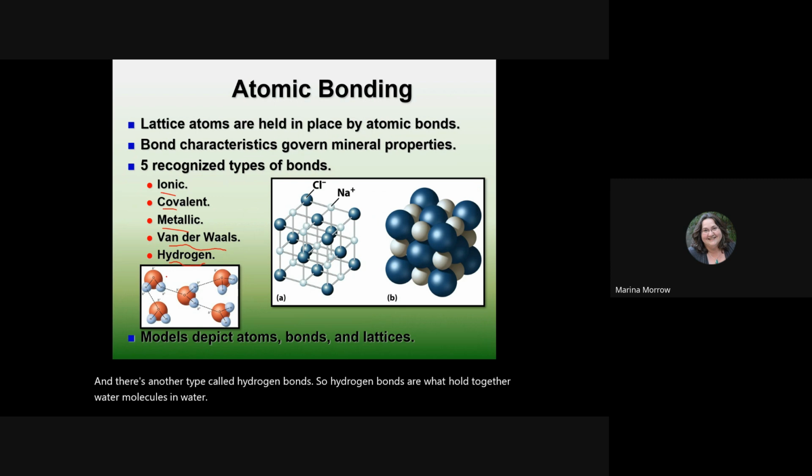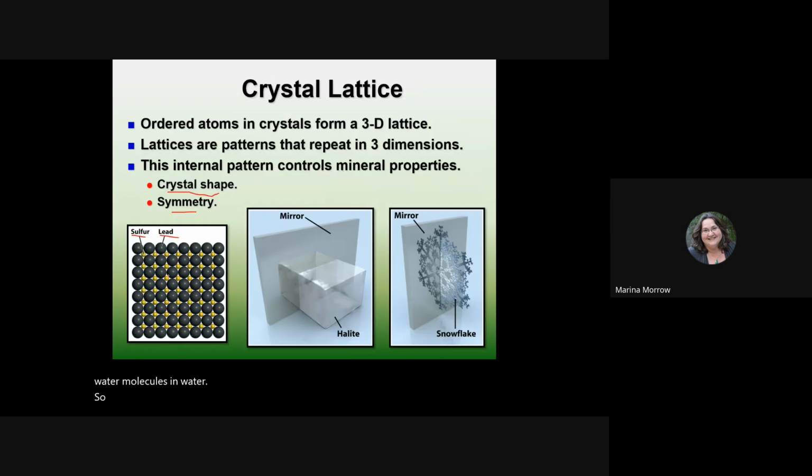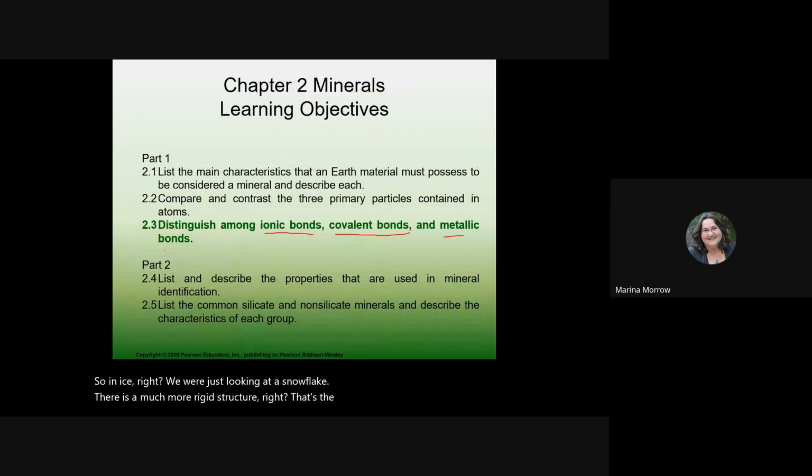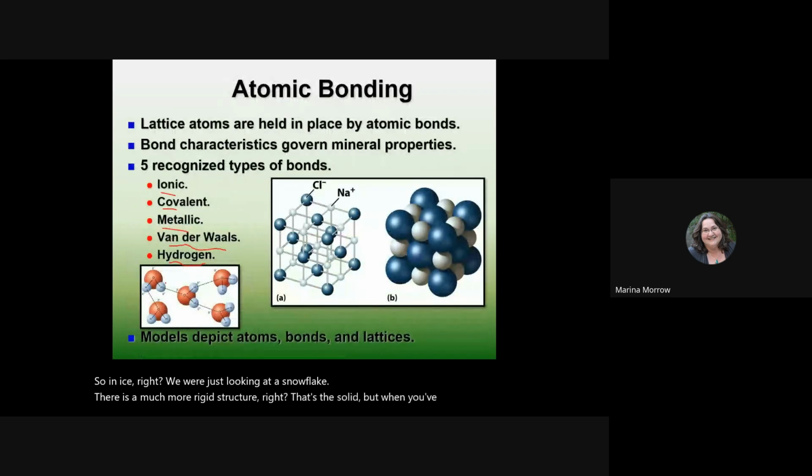So in ice, right, we were just looking at a snowflake, is a much more rigid structure, right? That's the solid. But when you've got water molecules, they're just loosely held. The hydrogen in the water molecule is slightly positive because it shared its electrons with the oxygen.